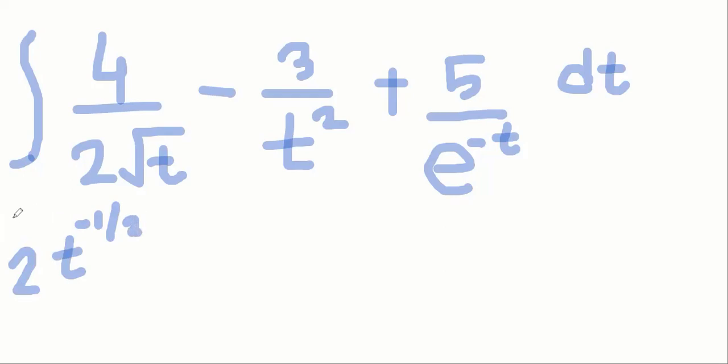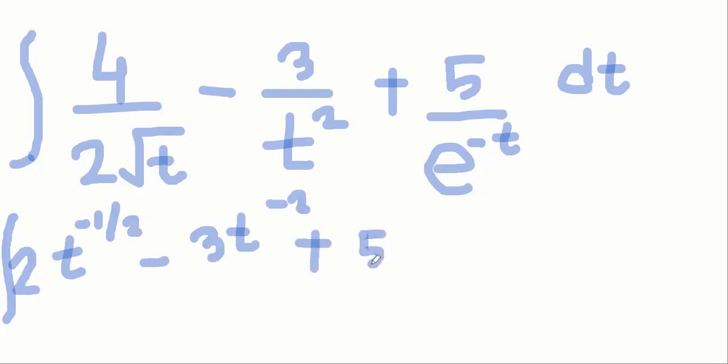Again, we are doing integration. I'm just writing in the form of this: 2 t to the power minus half minus 3 t to the power minus 2 plus 5 e to the power t, because the minus going up becomes plus, dt.